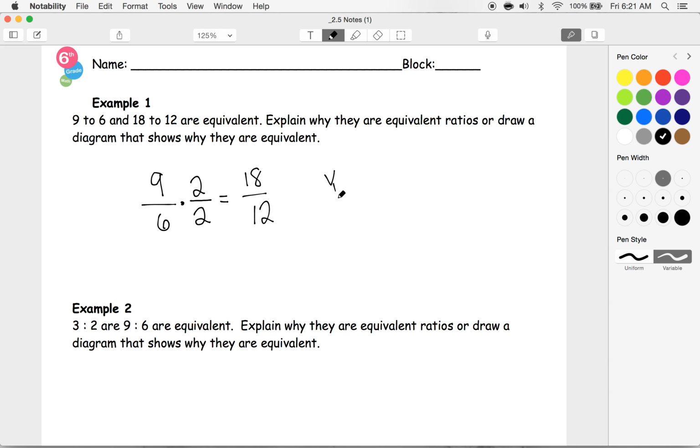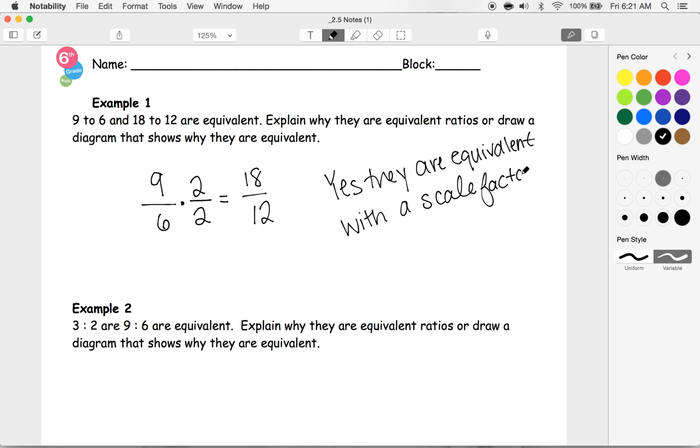So yes, they are equivalent, with a scale factor of 2.